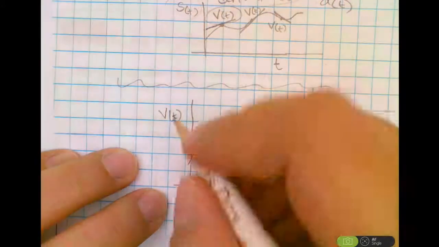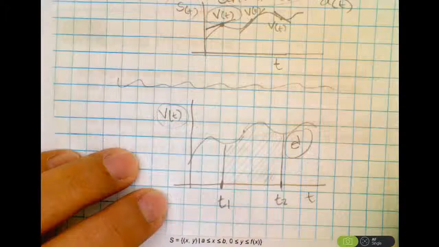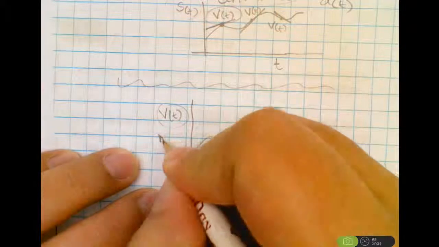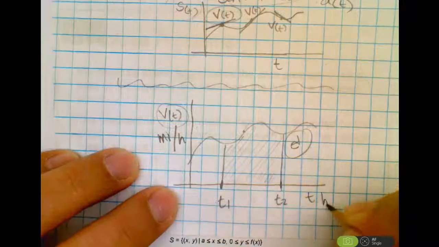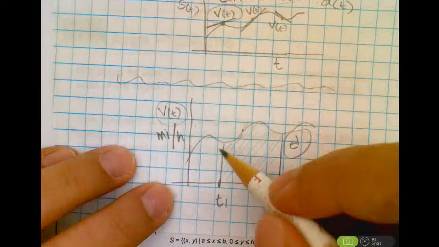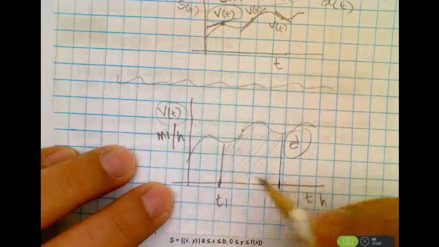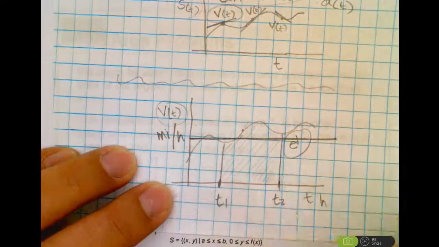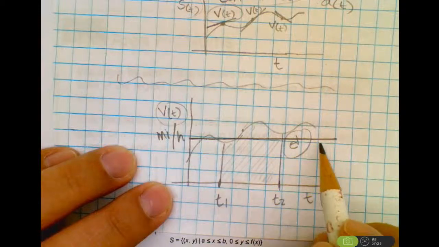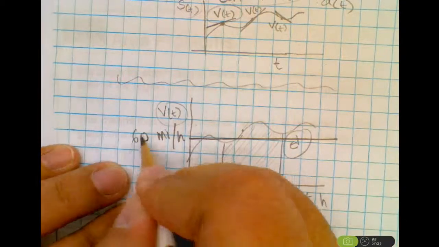And this is very interesting because, for example, let's say that the velocity was in miles per hour and the time was in hours. The multiplication of base times height, let me just redraw this. Let's say that the velocity is constant at 60 miles per hour.